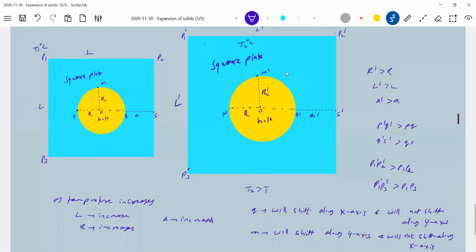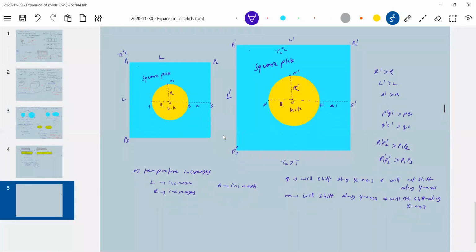What about O? It will not shift along x or along y-axis. I think we have to make good observation of things here. Nothing big is there. It will not have shift in any direction. What about point P1? It will shift along x and also along y.